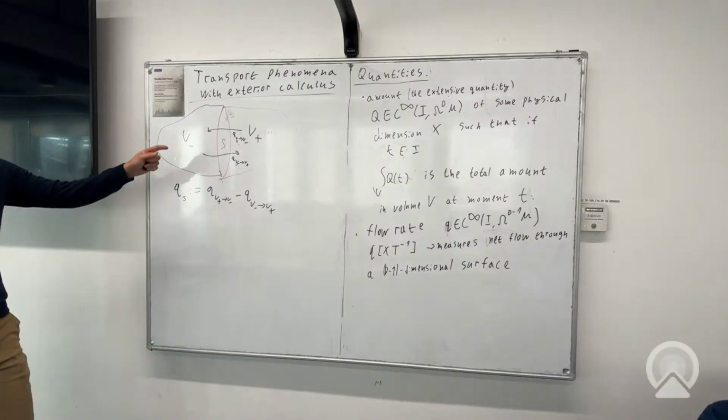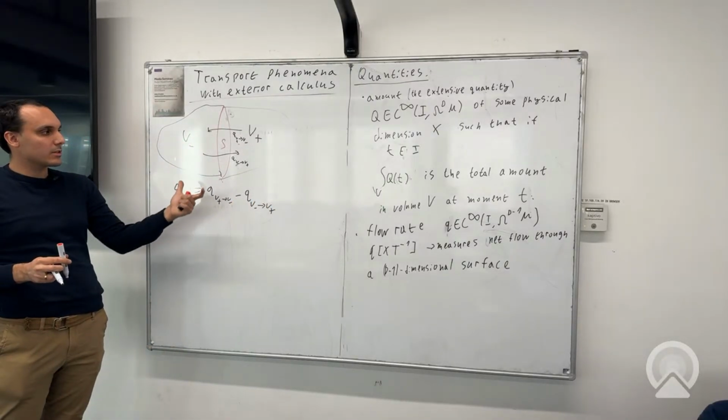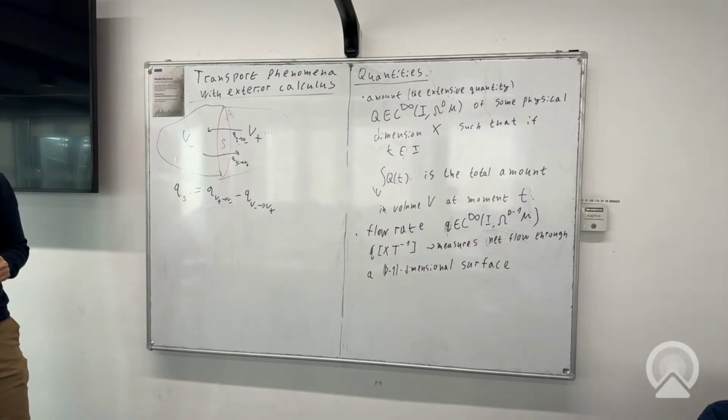So we have flow in both directions, and we measure the difference in flow rates.